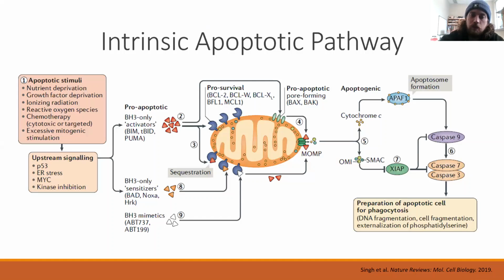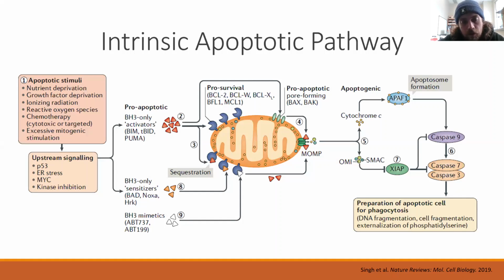If we delve a little deeper into the intrinsic pathway, a lot of these proteins are going to be important to analyzing our samples, as I'll describe in a little bit. In brief, we receive some sort of apoptotic stimulus, let's say DNA damage. Then we have some upstream signaling, notably by p53, which everyone knows.